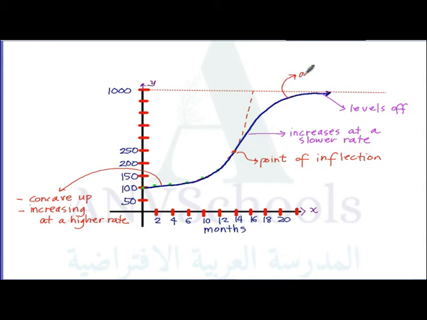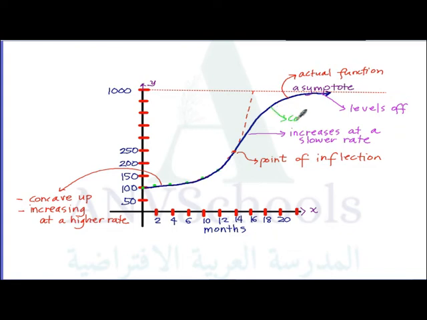Okay, this is the actual function. This is the point of restraint at this point, and this is what we call the asymptote. Okay, this is the asymptote. And the graph is concave down at this point.